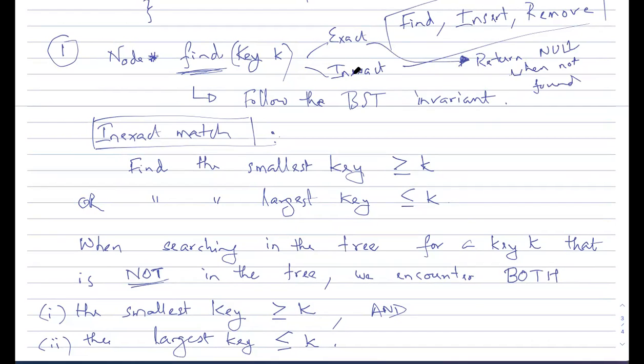When you are looking for an inexact match, then it's okay. You want to give some approximate value, and the approximate value we have defined here: the smallest key that is greater than or equal to k, and the largest key that is less than or equal to k.